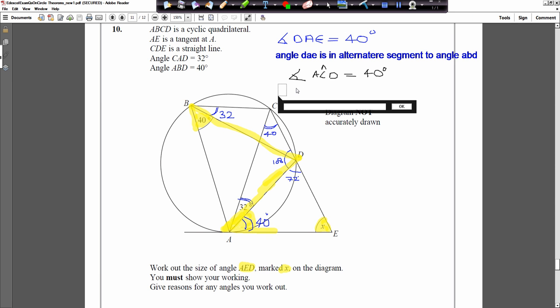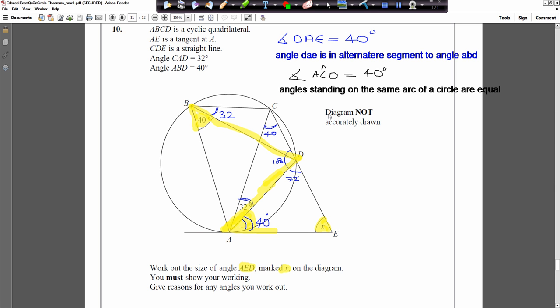For that we're going to say angles which are standing on the same arc are equal. Okay, so we explained that one.